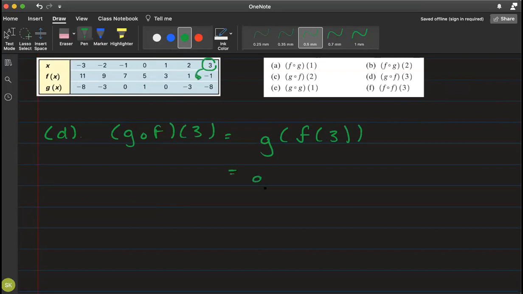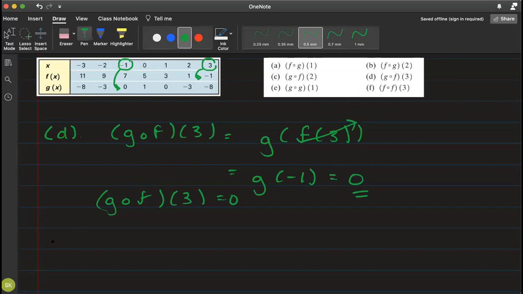So this is G of -1. I'm writing -1 there instead of this F of 3. Then I find -1, and I see where G takes it, which is 0. And that's our answer. So G composed of F of 3 is equal to 0.